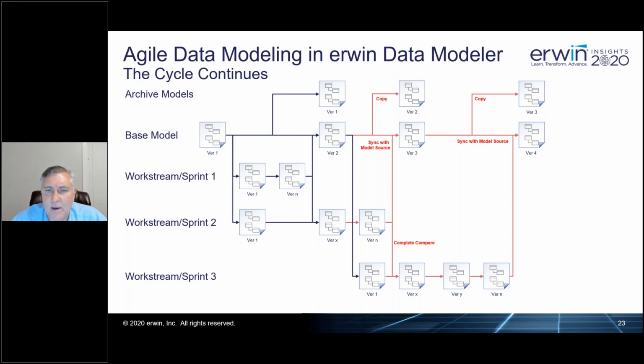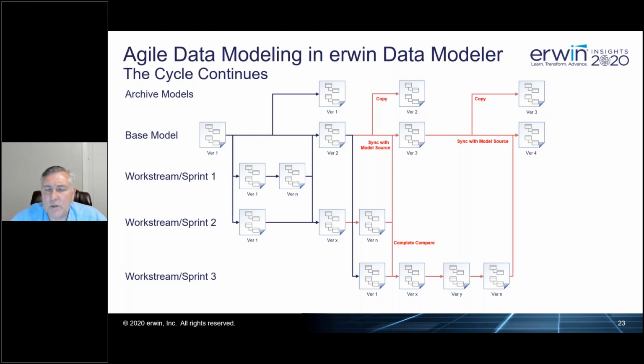As you can see there, for the roll out of the models, we go through the same sort of process. Whenever we get to a point where we're going to actually roll out a model, like work stream sprint 2, we will use sync with model source to increment or evolve the base model, and we'll apply those same changes using complete compare to any other work stream or sprint models that are open at that point in time.